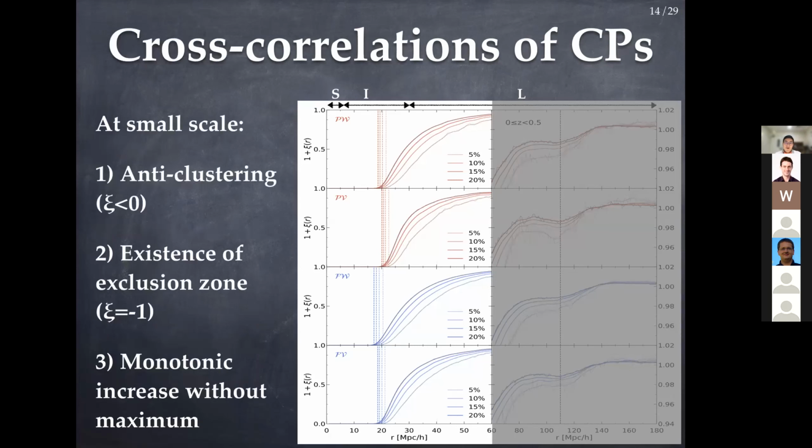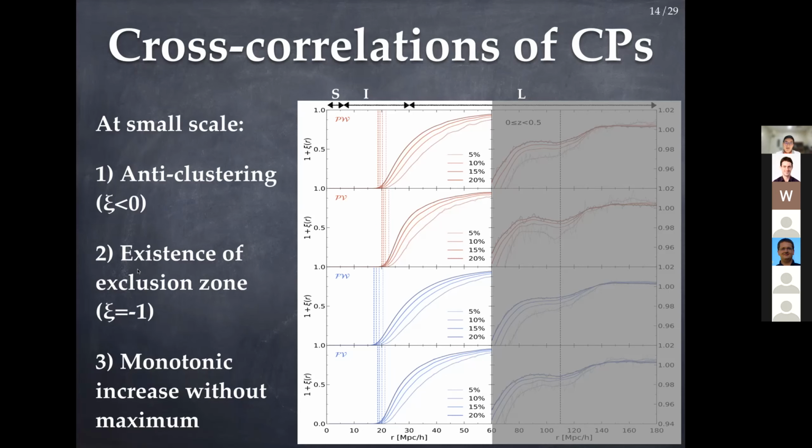Now we are moving on to the first type of cross correlations, and it is pairing overdense critical points with underdense critical points. And as you can see, the general shape is totally different from what we have seen in the autocorrelations. First, we note that the clustering amplitude is below unity, which means these pairs are all anti-clustered at all scales.